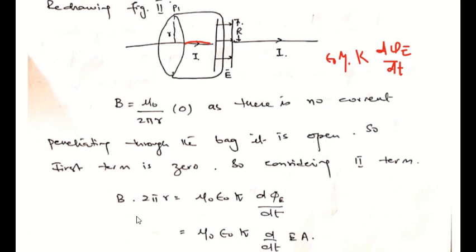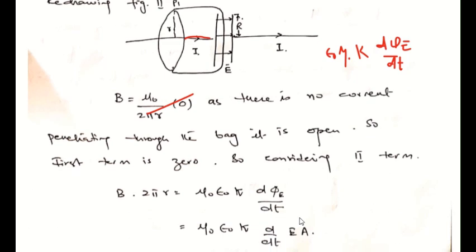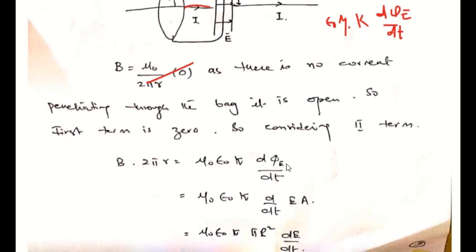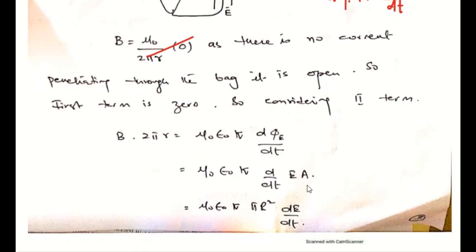So in this case the first term is 0, so I'm not going to write the first term in Ampere's law. We have B times 2 pi r equals mu naught epsilon naught kappa d phi E over dt. We know that electric flux is EA, and here the area of the circular capacitor is pi r squared, so I have written pi r squared over here.